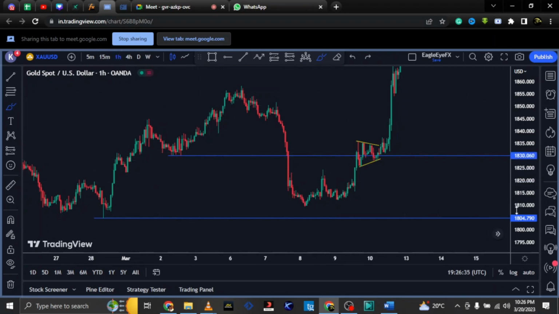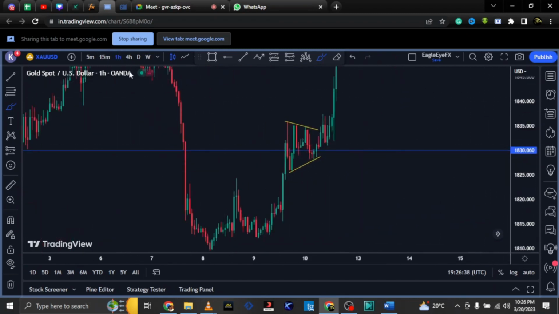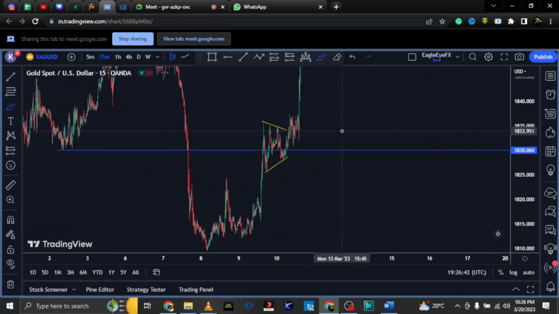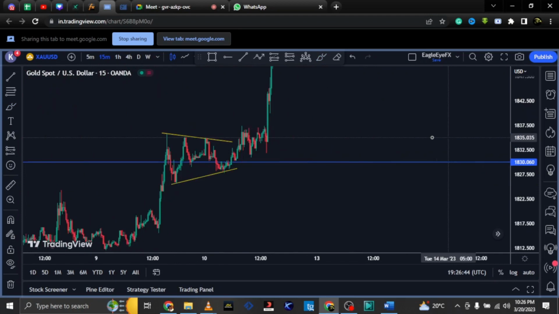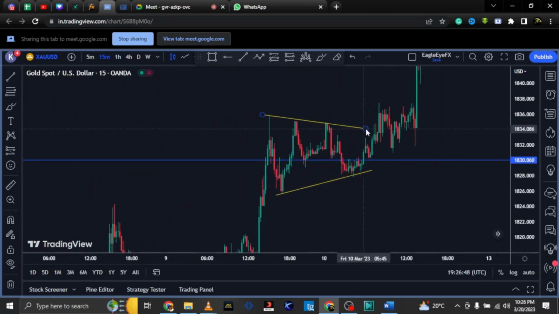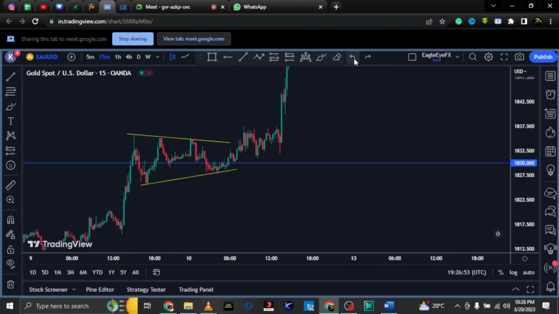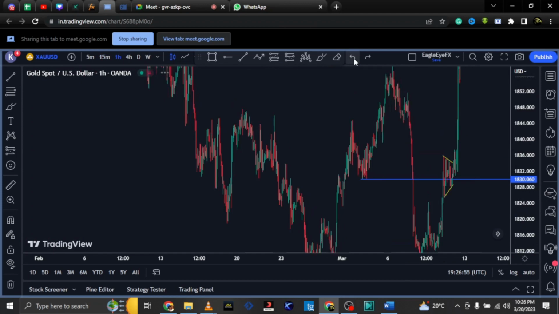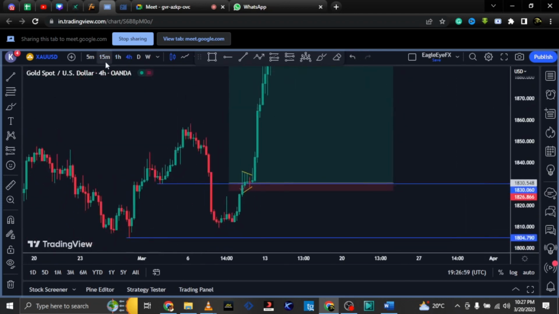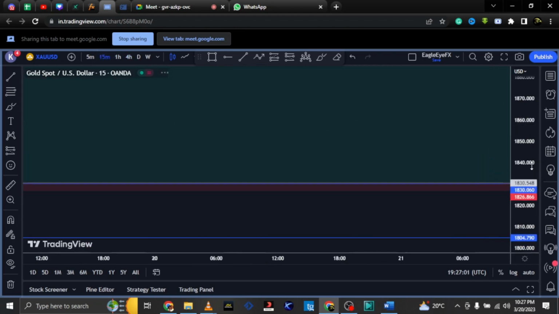And now what happened? You can see that if I go to the 15 minutes time frame, this was actually a very clean flag, right? Let's go to the 15 minutes time frame.